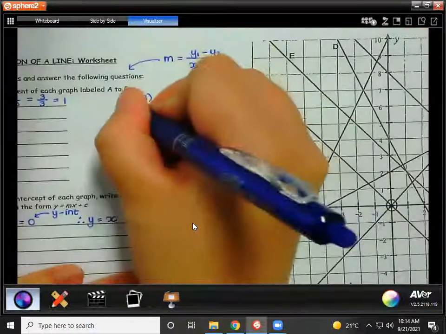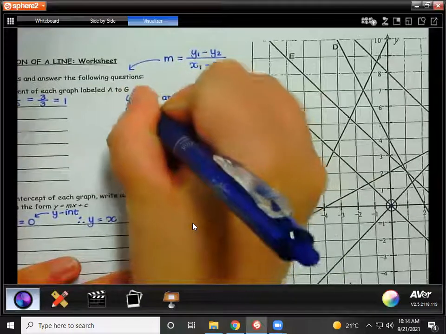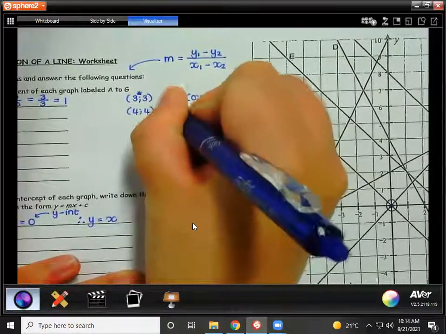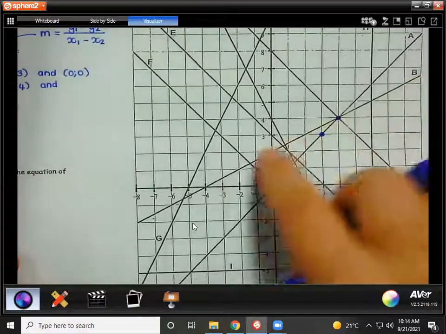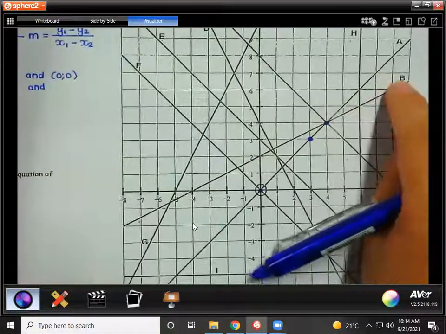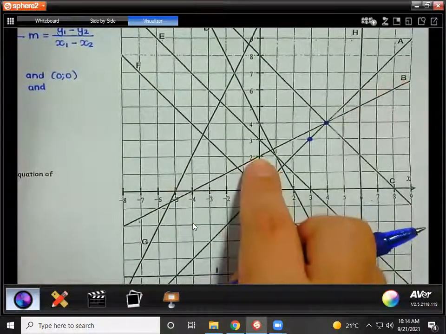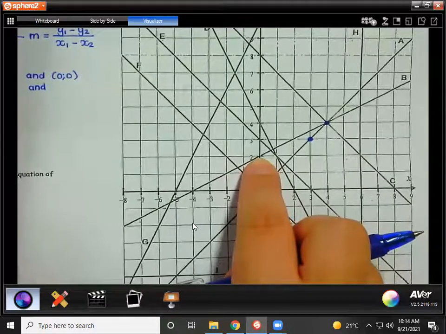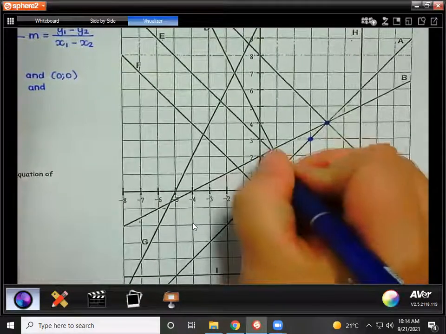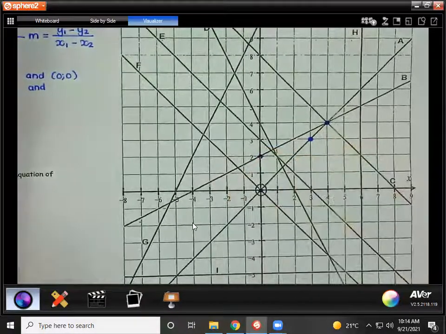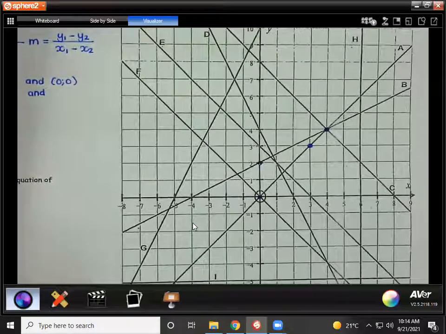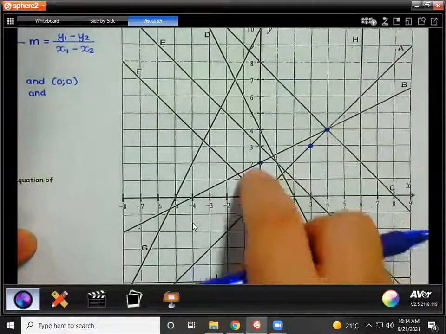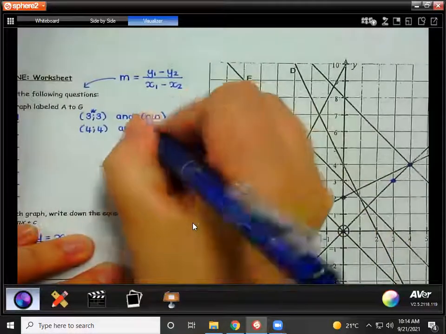Okay, so that's 1 point. What else? It's on B. 0, 2. Good. Do we see 0, 2 is also a point on this line? Again, guys, you could have chosen completely different points. It doesn't matter. 4, 4 is one that we're choosing, and 0, 2 is the other one.